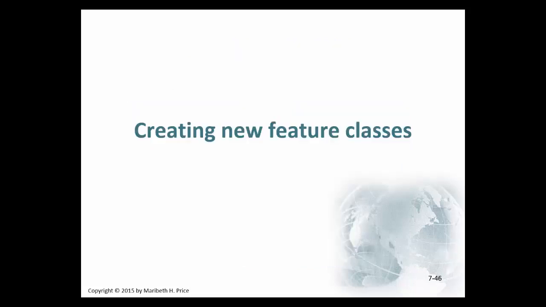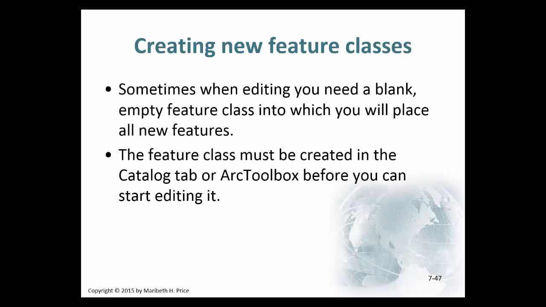To create a feature class, you must first have a geodatabase. You can create a new feature class with ArcCatalog or ArcToolbox, but not ArcMap. Remember, you need to have a geodatabase before you can create a feature class.